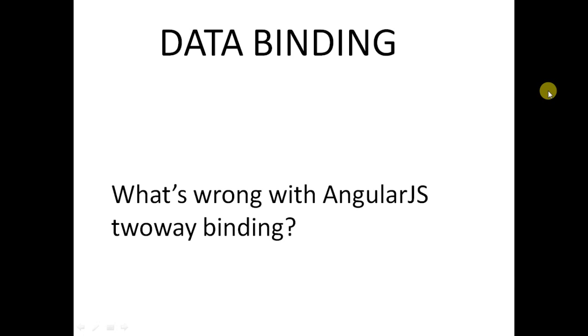Now, what is wrong with AngularJS two-way binding? In AngularJS, data changes on the view automatically update the underlying data, which also triggers an update of the view. In other words, AngularJS uses two-way data binding under the hood. Although having two-way data binding in forms simplifies coding, using it to bind values in various application scripts may substantially slow performance in a large application.